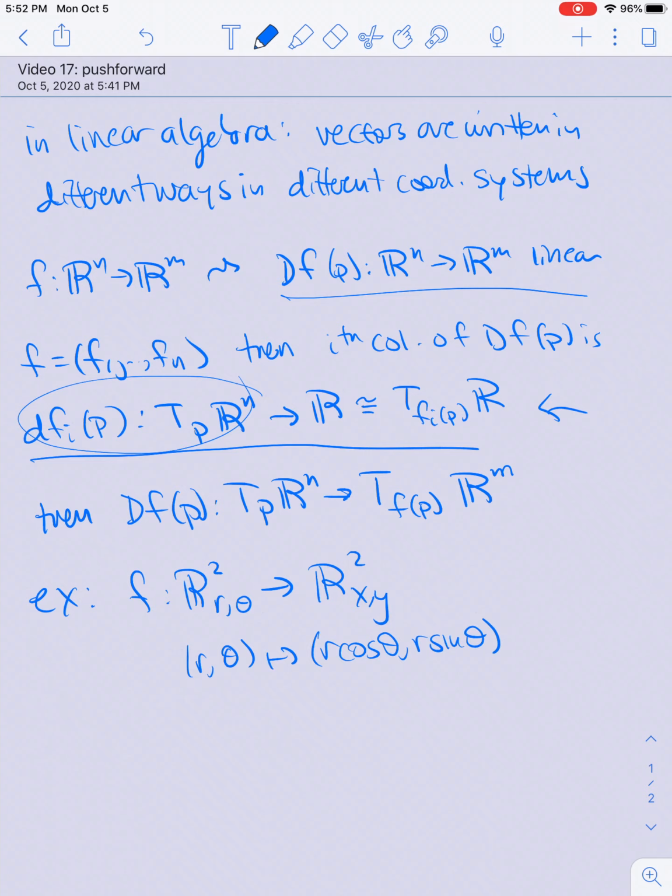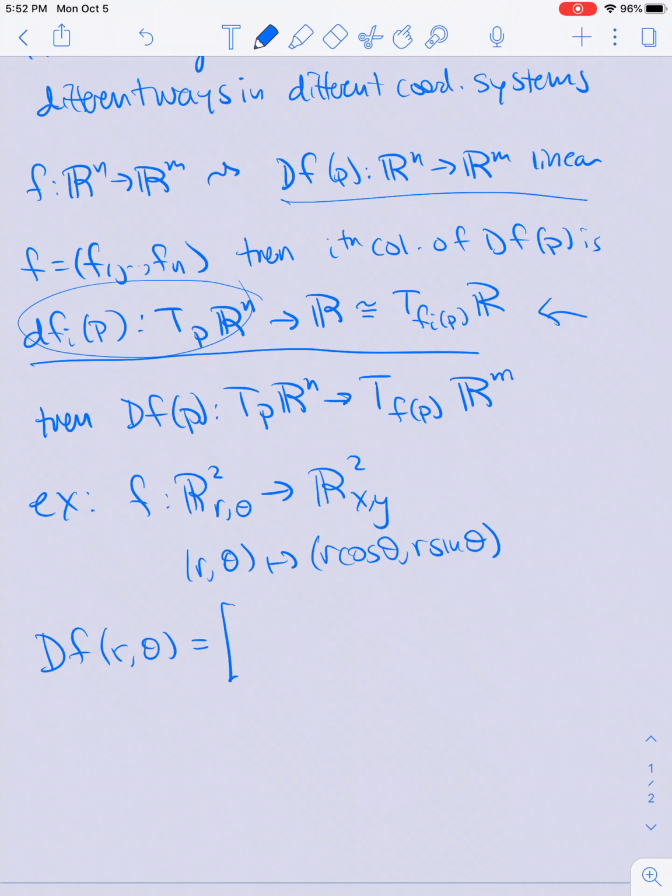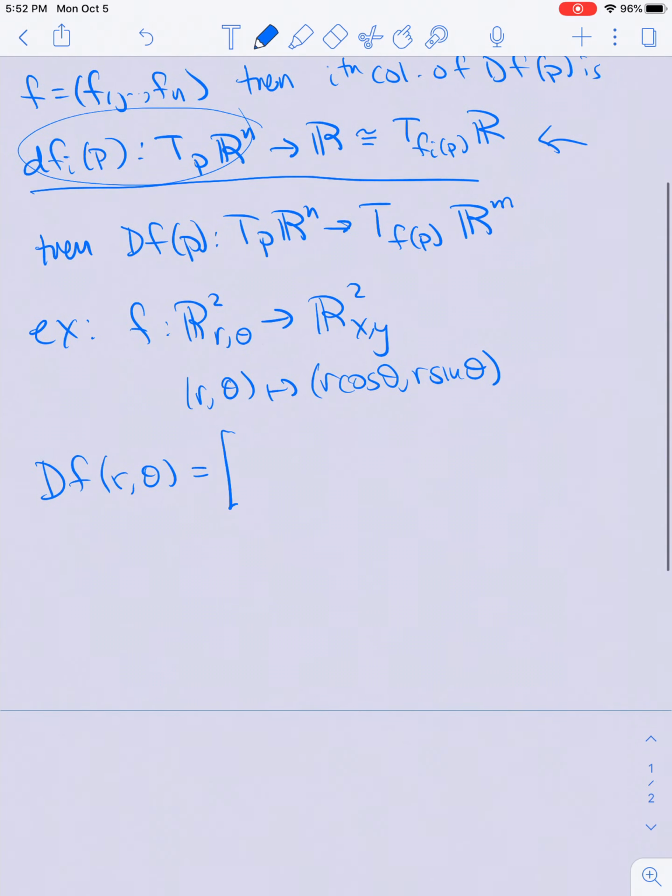Then when I write df as a matrix at the point r theta, in the first column I take the derivatives of each entry in the r direction. So it should be cosine theta, sine theta. And then the second column is in the theta direction. So negative r sine theta, r cosine theta.